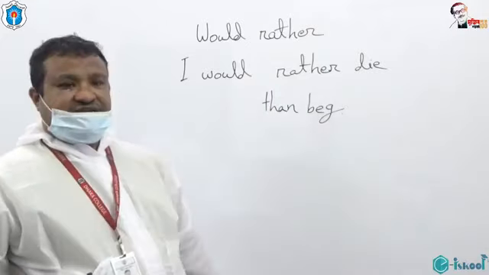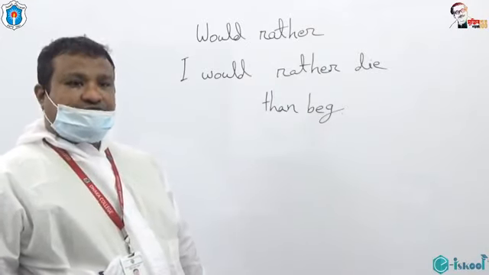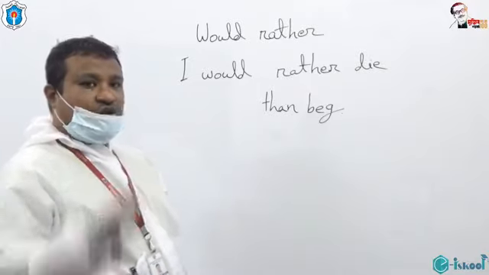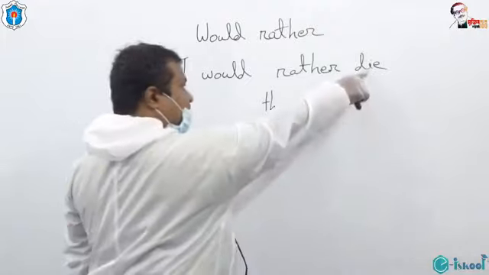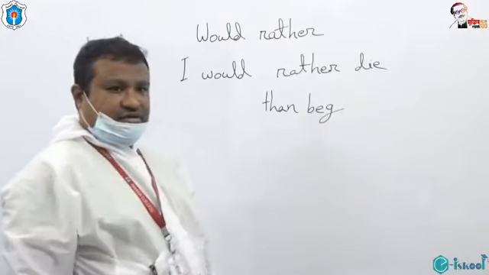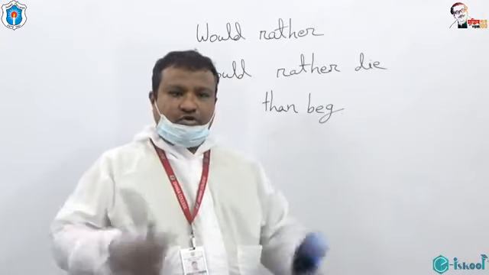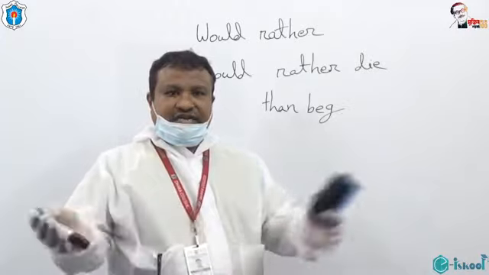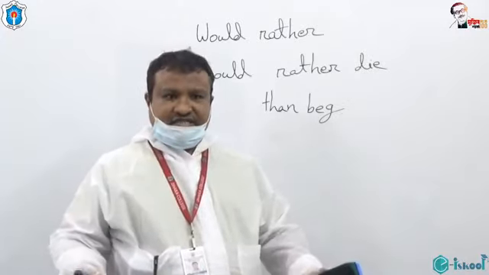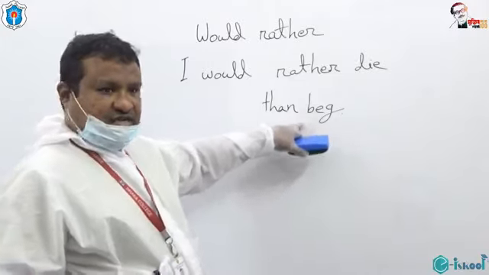We will use another main verb, but of course it will have a contrasting meaning with the previous one. Because would rather means, I would rather die than beg. So it is something contrasting, so we will use a verb which contrasts here.